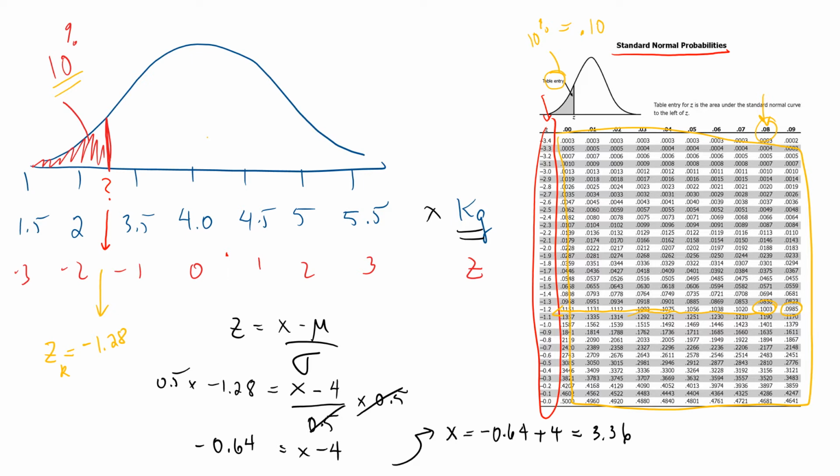So 3.36 is the weight of the pumpkin, and if I take a look at that, it matches in here. That's about between 2 and 3.5. So the cutoff weight for the pumpkin is 3.36 kilograms. So he's going to give every pumpkin that is 3.36 kilograms and lower a 10% discount.